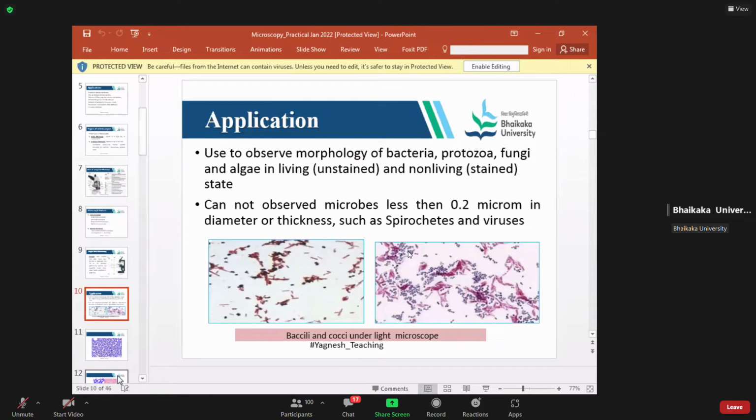Then for fungus and algae, the application is also microscopic examination. Now remember, what is the clinical application of this? The clinical application is that microscopic examination is a rapid examination.